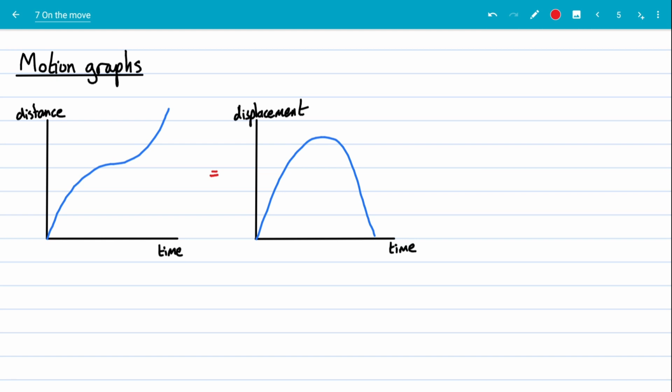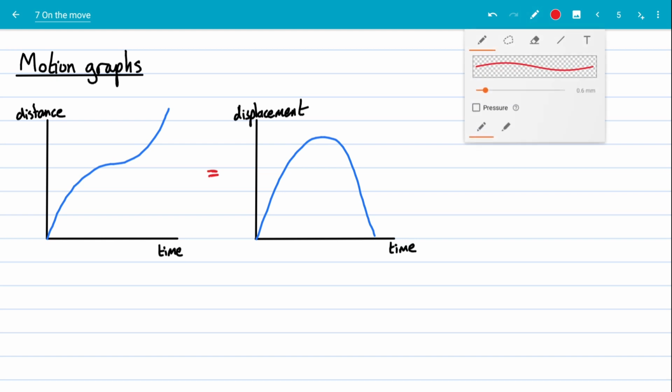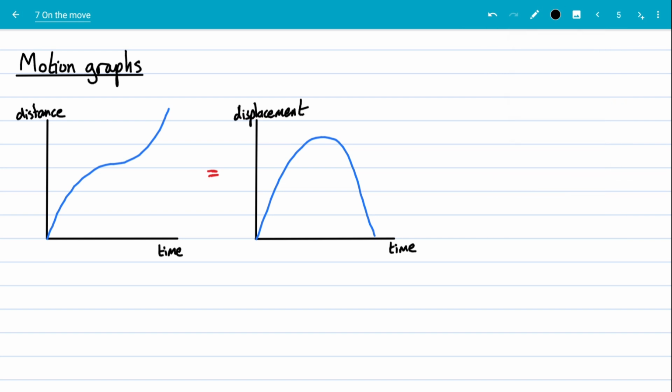Because what's happening here is when the gradient is steeper, we have a larger speed. So let's make a point of that for both: higher magnitude gradient means higher speed.